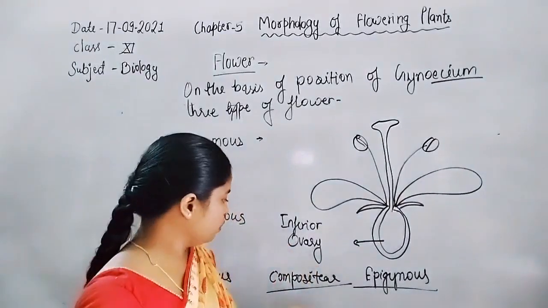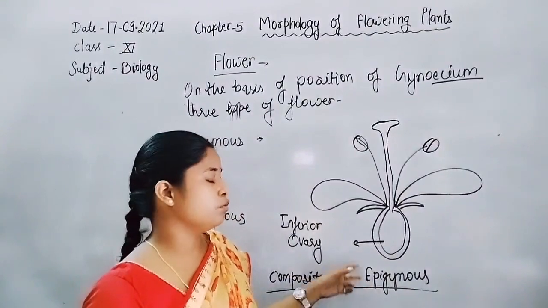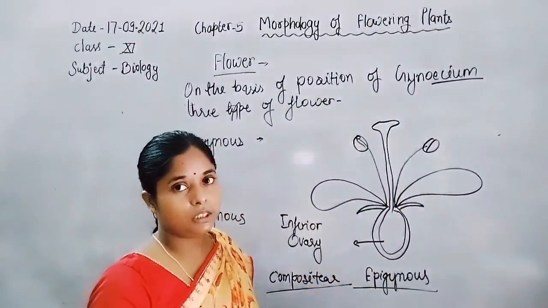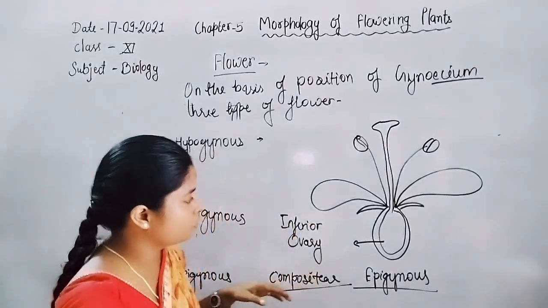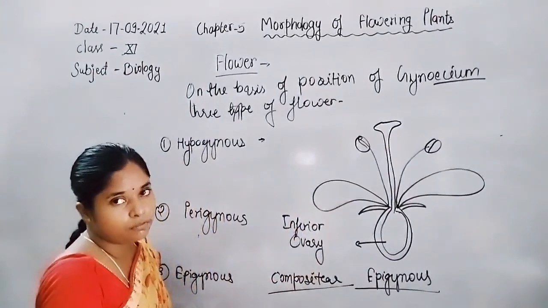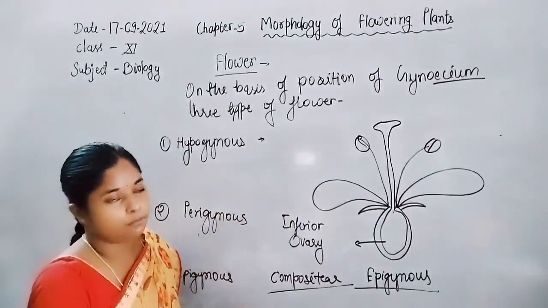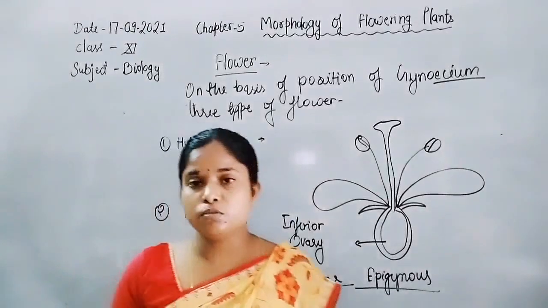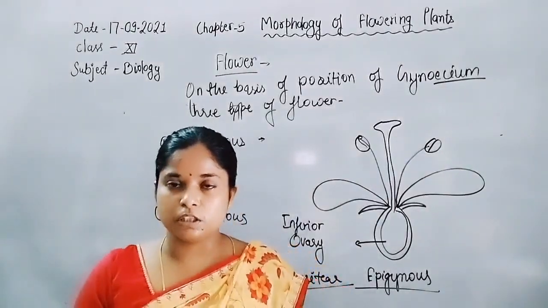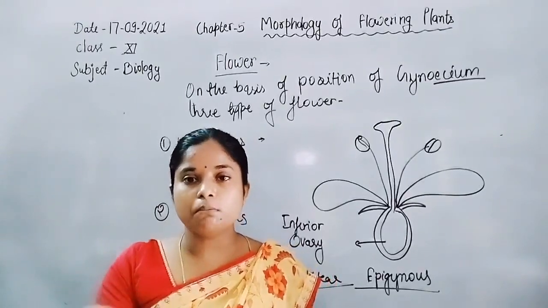So in the Compositae family, overall the flowers are epigynous, in which the ovary is always inferior. A superior ovary is always present in hypogynous type of flower, while in perigynous type of flower the ovary is not fully superior or fully inferior, and is situated at the middle region of the flower.